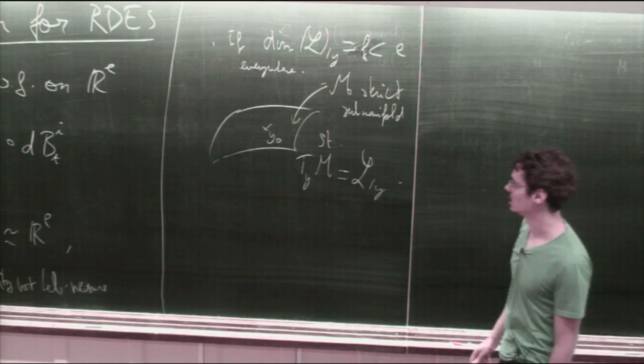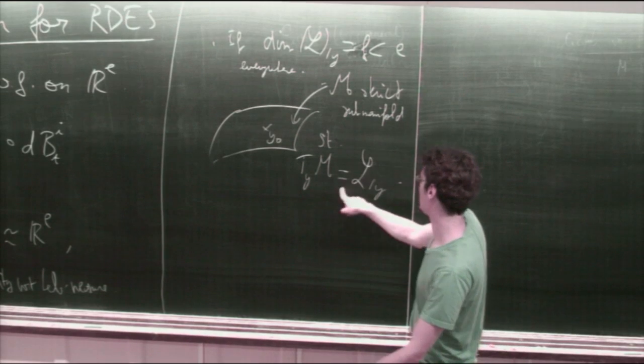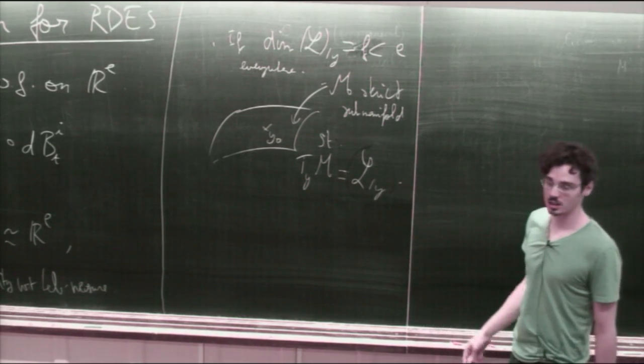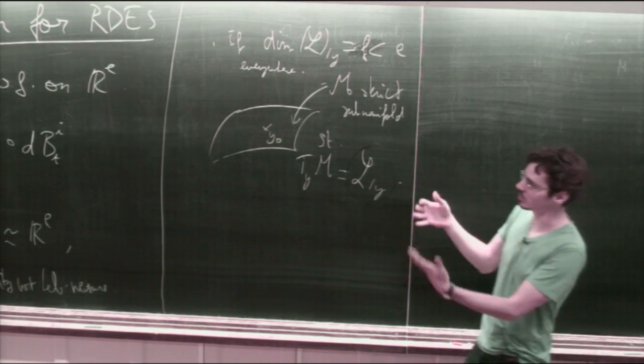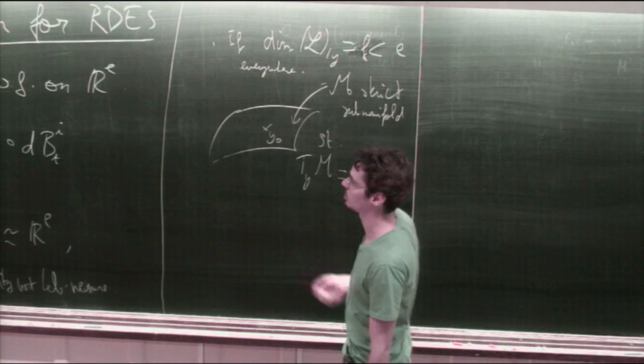What does that tell you? This Lie algebra contains all the brackets of the vector fields, but that means in particular that it contains all the vector fields.